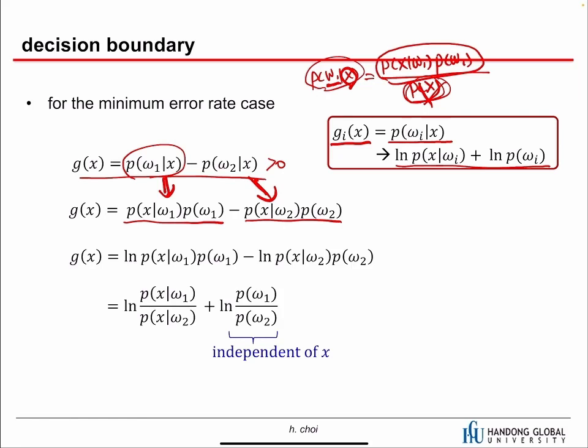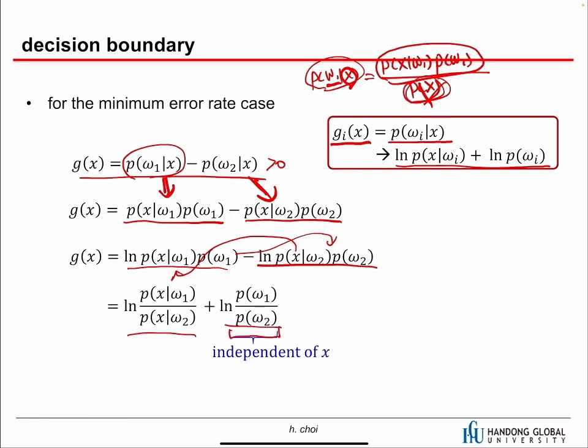And then we take a log, because log is a monotonically increasing function, so it doesn't matter. So we apply a log function. Then we can rearrange the terms. This one goes here and this one goes here. So we have two terms. This part is independent of x.